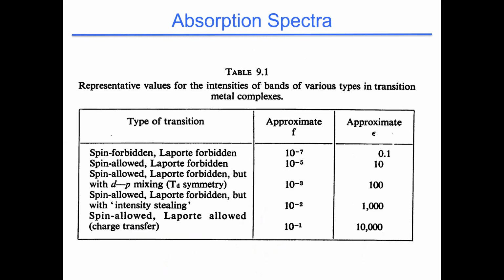So when you're interpreting your electronic spectra, you can use these approximate intensities for determining what type of transition you're seeing. If you have both a spin forbidden and Laporte forbidden transition, you're going to have a very low intensity transition.